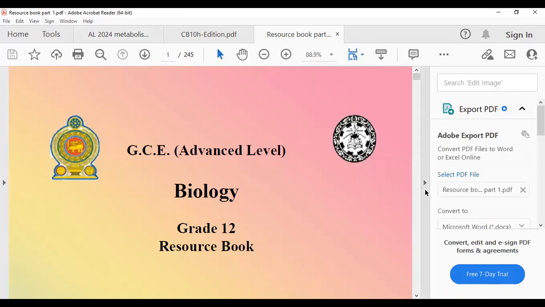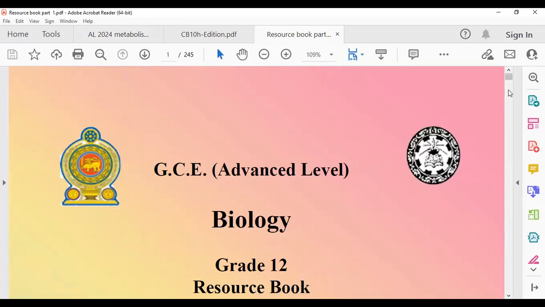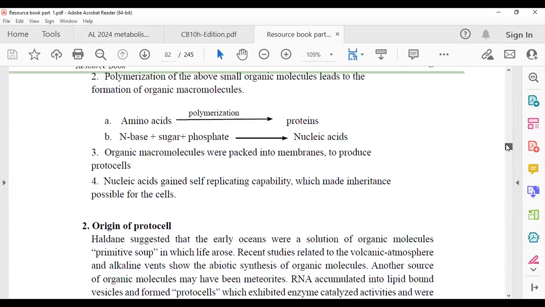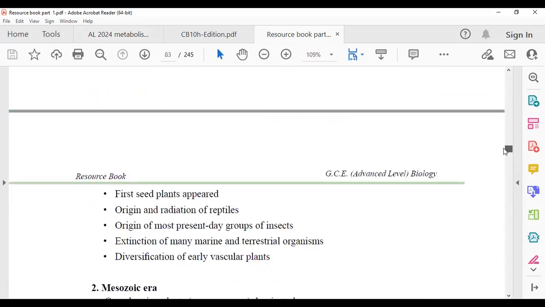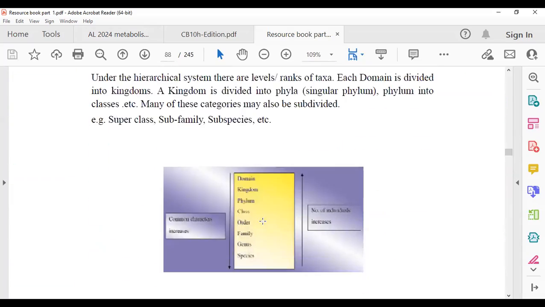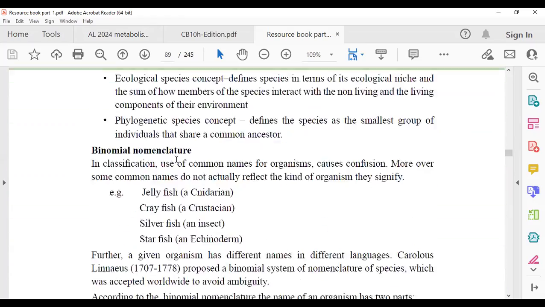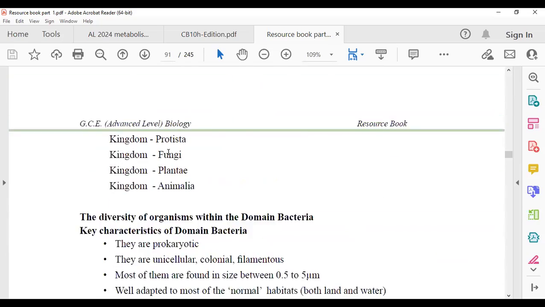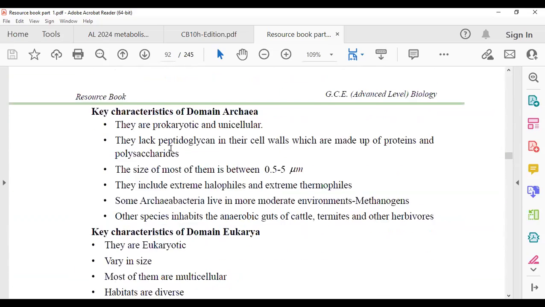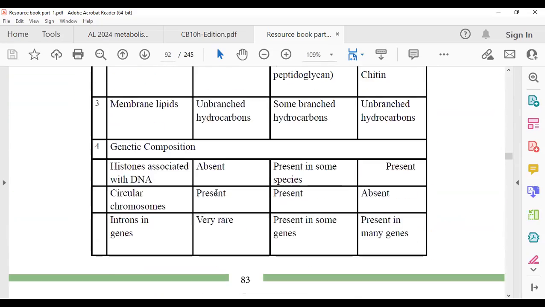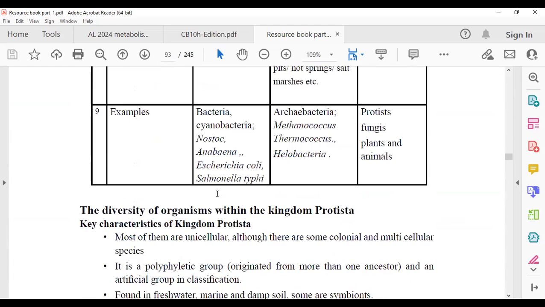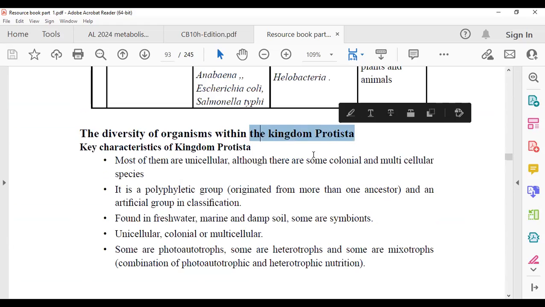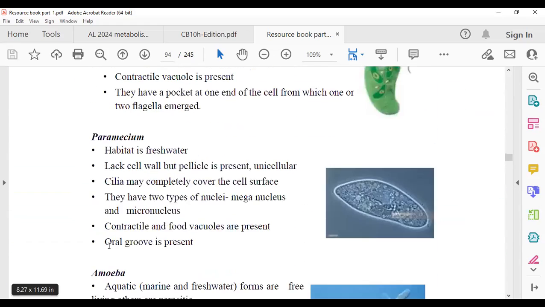You have this, your resource book. Remember, as I told you last class, your first term examination will be demanding to cover your lesson up to Kingdom Protista of unit number 3.